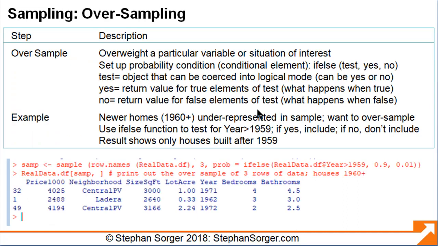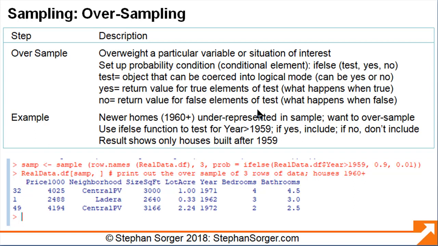Sometimes a random sample is not what we want. Often we want to overweight a particular variable or situation of interest, especially if we're interested in that particular situation. To oversample, we can use the if-else function. The if-else function tests for a certain condition, and the user specifies what R should do if that condition exists, i.e. if it's true, and what to do if it's false. For example, suppose we're particularly interested in homes built in 1960 or newer.